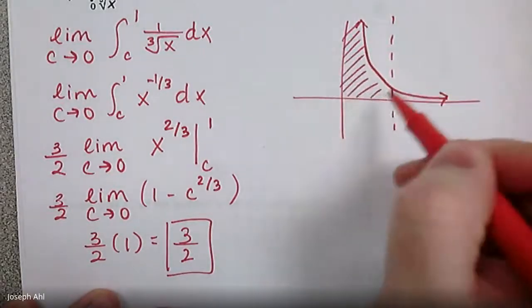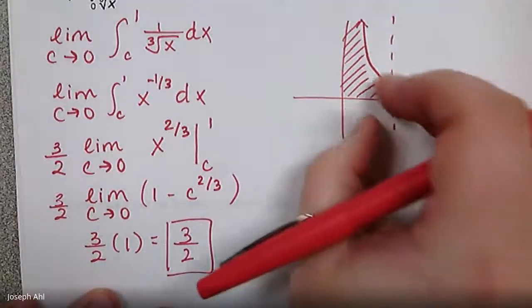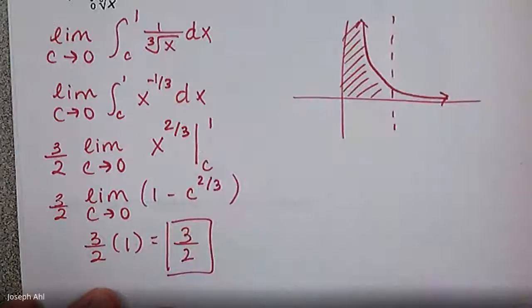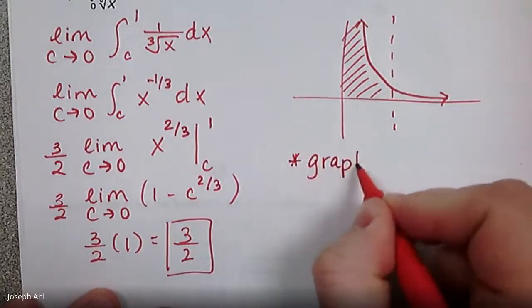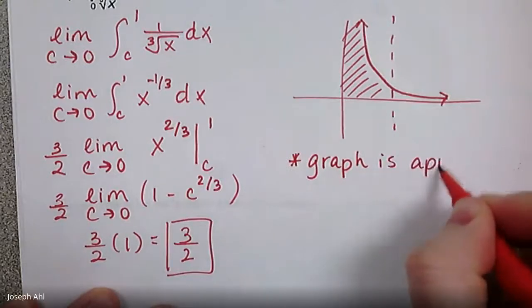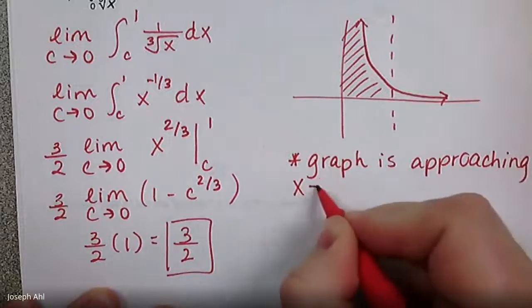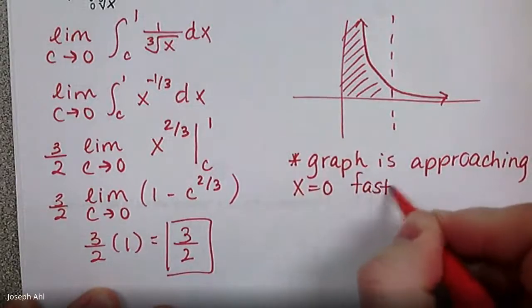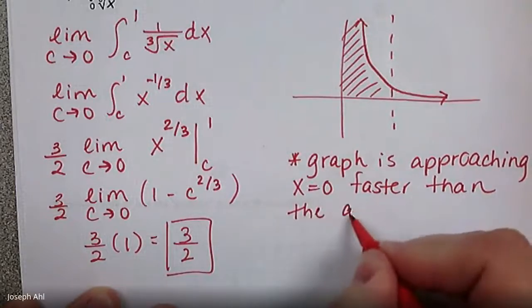And what we're saying is that even though this is approaching a vertical asymptote at x equals 0, as I increase towards that vertical asymptote, the graph is approaching x equals 0 faster than the area is accumulating.